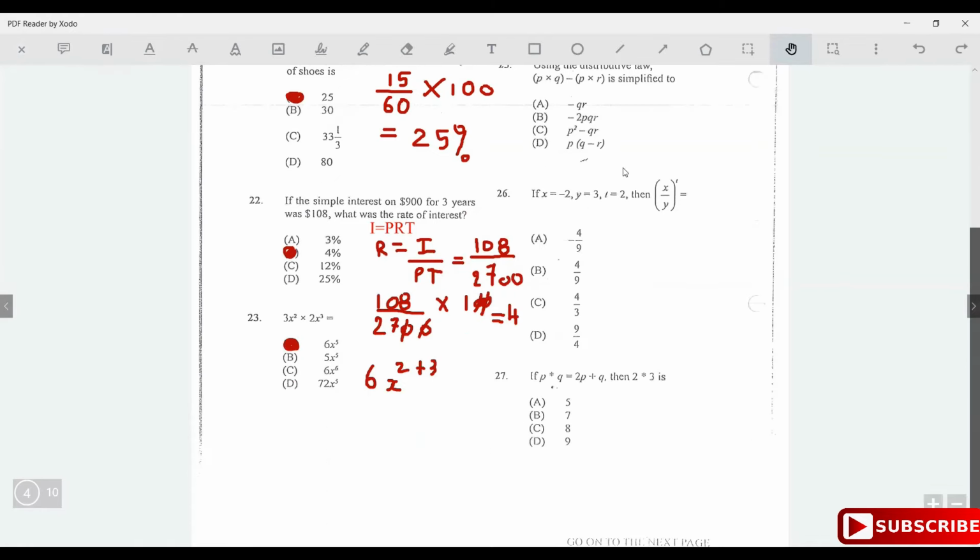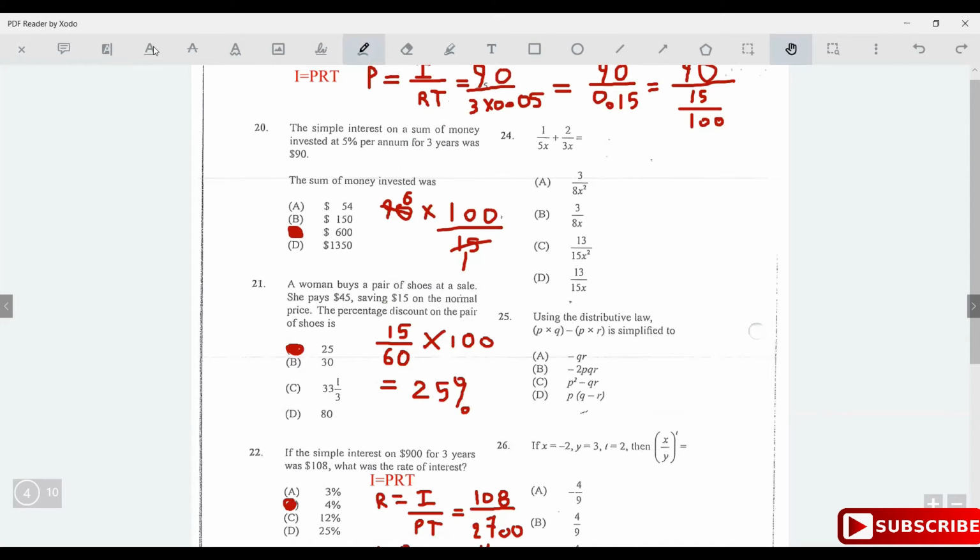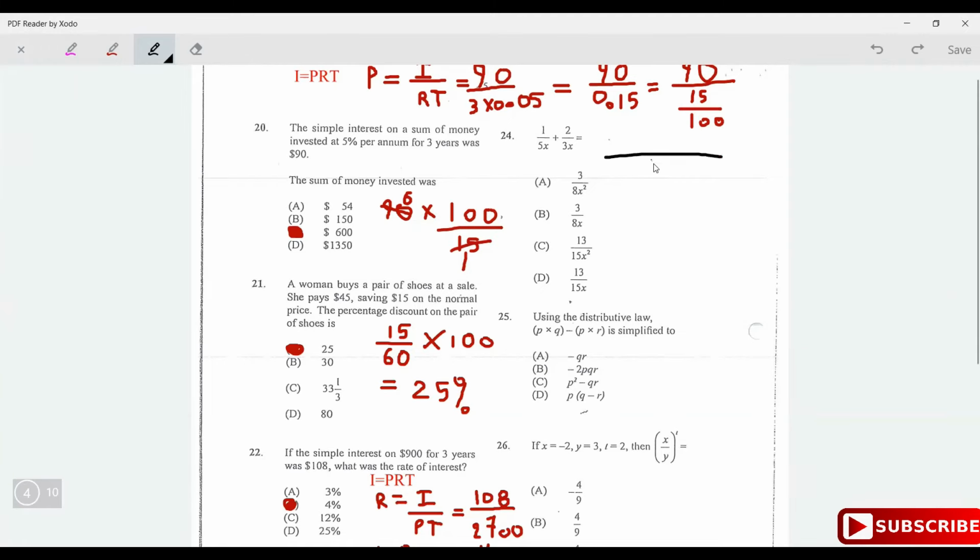All right, question 24. What is 1 over 5x plus 2 over 3x? First, you find the LCM between the two, which is 15x. 5x into 15x goes 3 times. My apologies, I made a mistake there, it's 3.